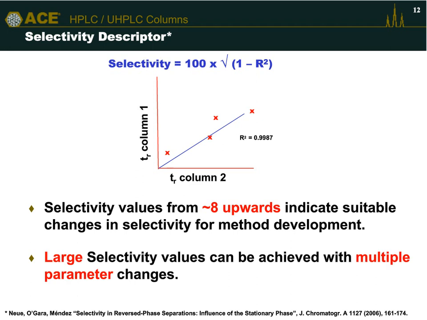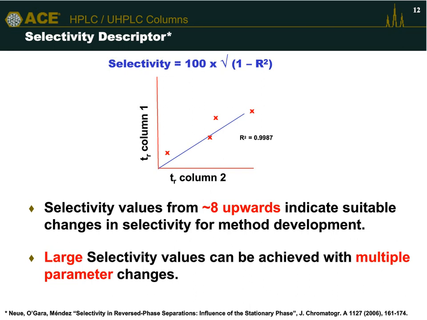Now of course you can get larger selectivity values too, so you're getting much more differences between the two columns in terms of selectivity. And if you change multiple variables, then you can get even larger values too, meaning you're really moving peaks around in the chromatographic space. So this is an approach that helps you understand the screening approach of different columns with the same mixtures under one or two different conditions.